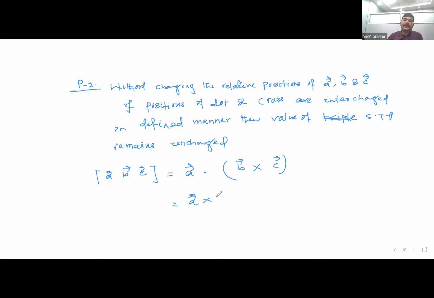K A, L B, M C is equal to KLM into box product ABC.